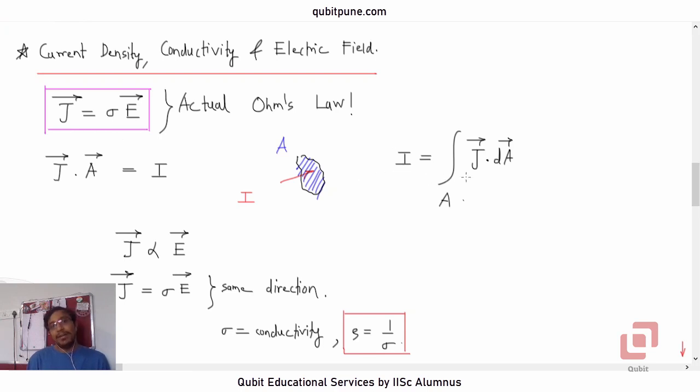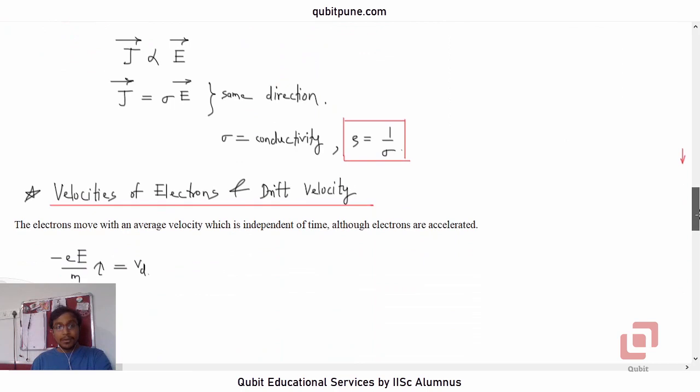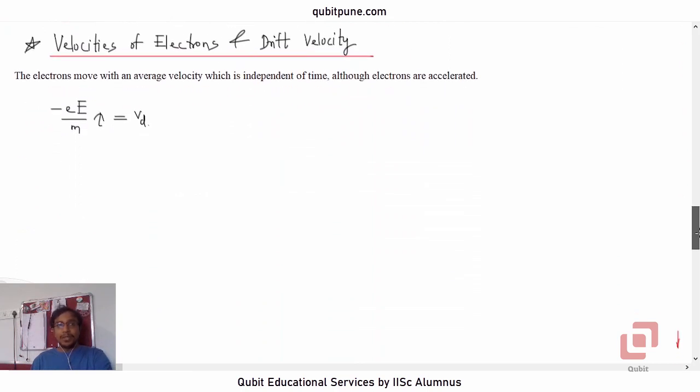You can define current as flux of current density, just like flux of electric field is E bar dot dA bar. So we have defined current density, and we have defined conductivity to be the scalar constant of proportionality on the electric field side in this relationship, and E bar is the electric field inside the conductor.